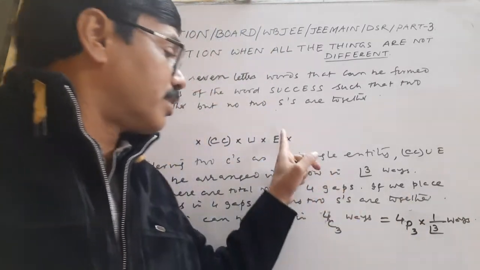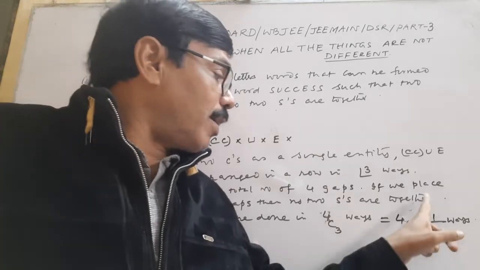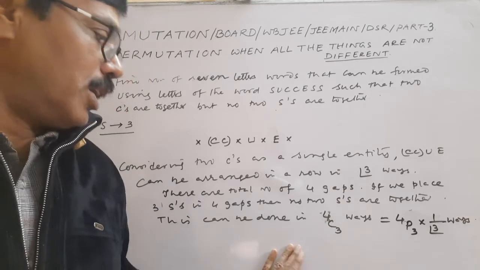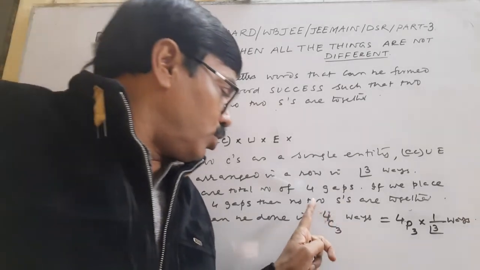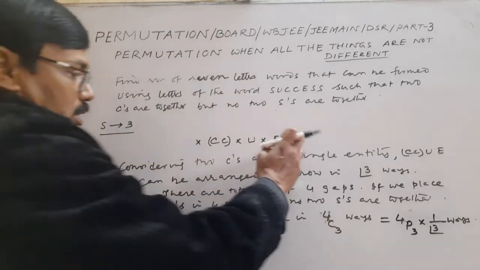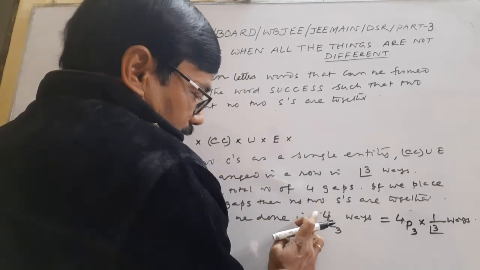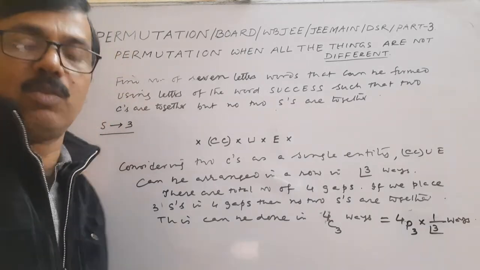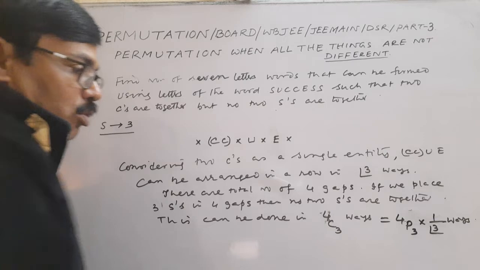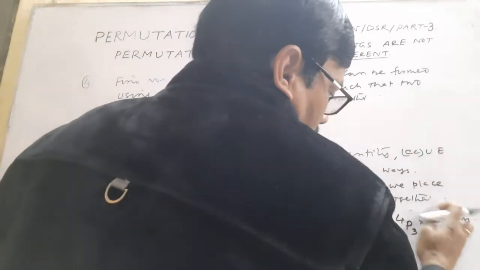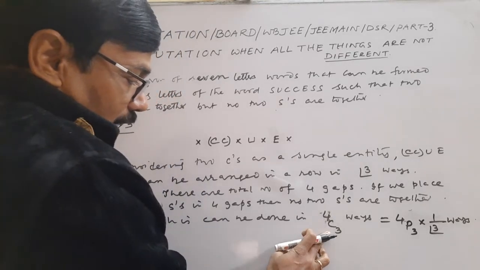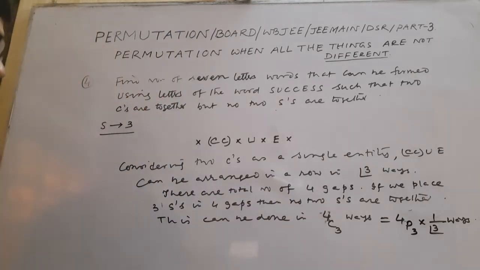But here 3 S's are of the same type, so you have to divide by factorial 3. Or you can use 4C3: 4 gaps, and these 3 letters are alike. You learn this later in combination. From permutation, you can use this one, and using combination, since letters are alike, this is 4C3.